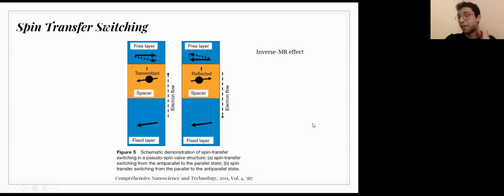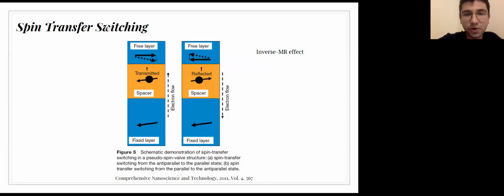Another topic is spin transfer switching, which is observed in the pseudo spin valve structure. Here we mainly have two layers of the same ferromagnet, but one layer is thicker, which then acts as a fixed layer.